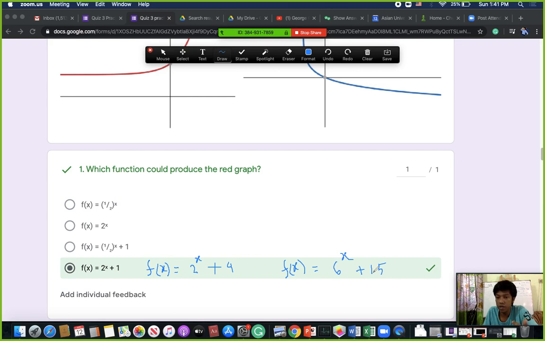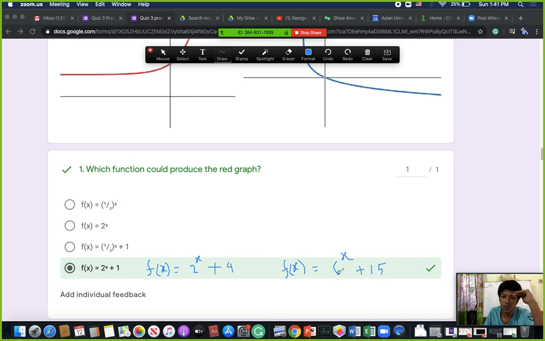Maybe it is 6 to the power x plus 15. Maybe it moved 15 units up from the 6 to the power x graph. This is also possible because the coordinates of the graph are not given. But we know that it moved some unit up, so some number can come here, any number, no problem.